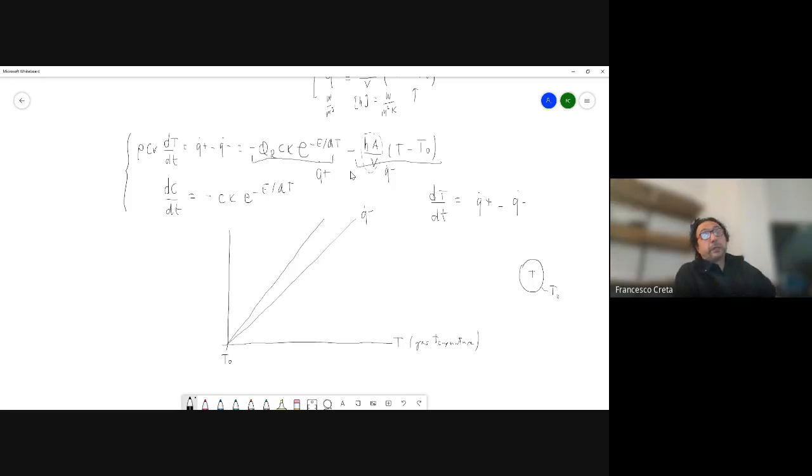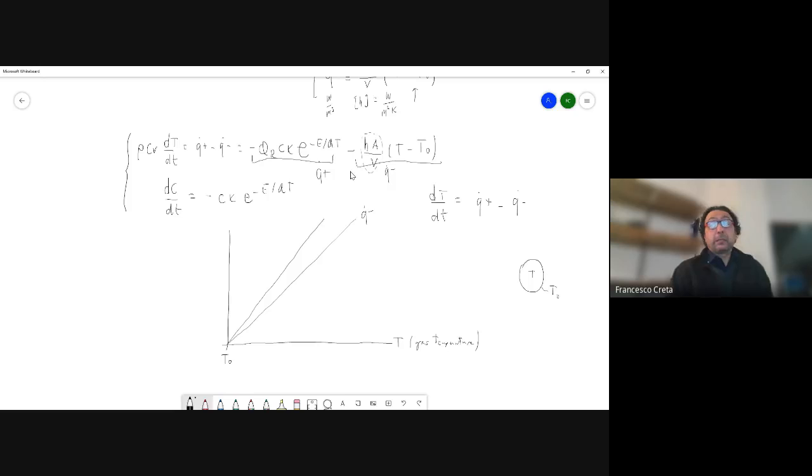So if you decrease either the area or you increase the volume, for example, you will have a less efficient cooling system, okay? And so the slope will go down.